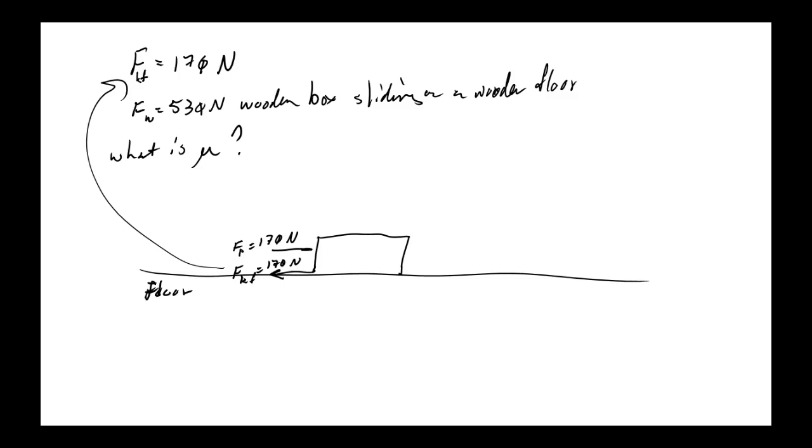Okay, now, if this is your weight, weight is always toward the center of the earth. So F sub W is 530 newtons. Now, what force have we left off here? The force that the floor is pushing up on the block. Okay? Anyone remember what that one's called?